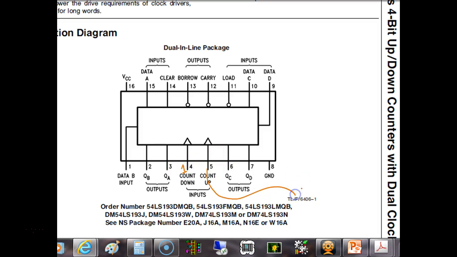We bring our clock in right here, whatever we want to count. We want to make this thing count as BCD. So what would we do? Does it say a BCD counter?